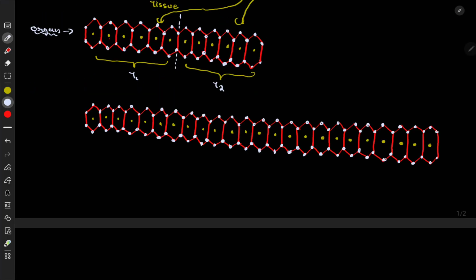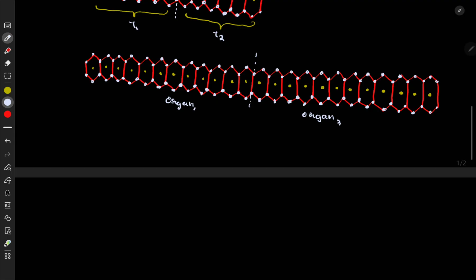Okay. So here we have 24 cells. But this is our organ 1, which is different. This is our organ 2, which is also different.